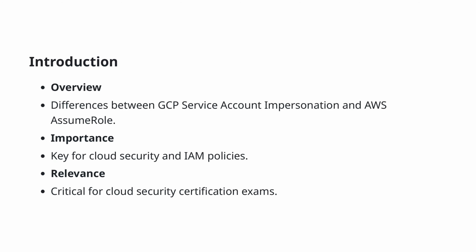In this slide, we dive into the distinctions between GCP service account impersonation and AWS AssumeRole, both vital components of cloud security and IAM policies. Understanding these differences is essential for anyone preparing for cloud security certification exams. These concepts form a foundation for managing identities and controlling access within cloud environments, ensuring that applications and users can perform their tasks securely and efficiently.